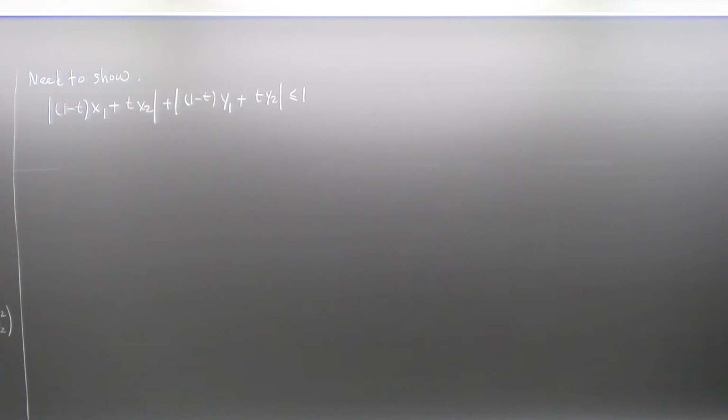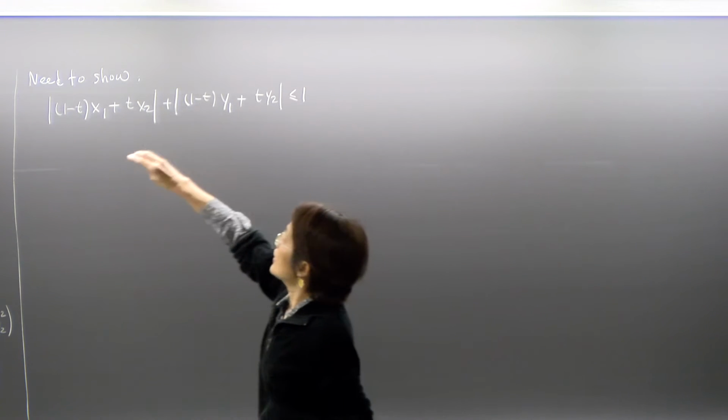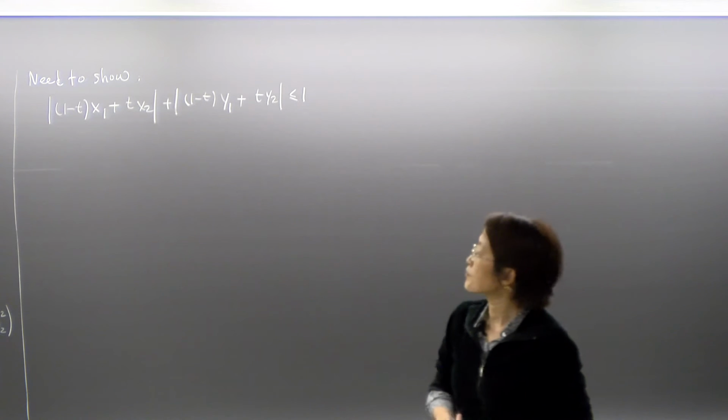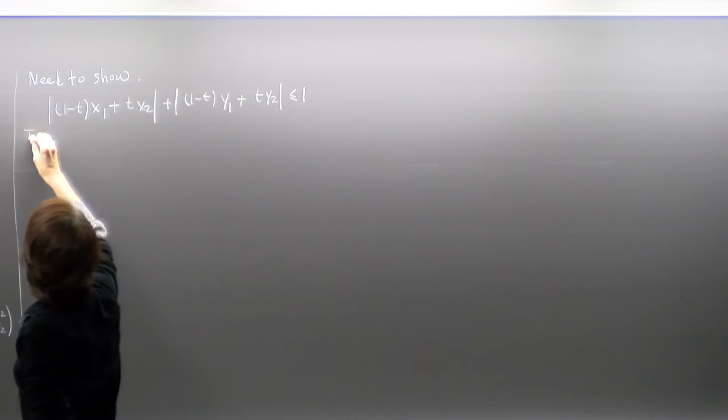Is it clear? That's what I mean by proving it per definition. Strictly stick to what the definition requires you to do. We need to show the left-hand side is less than the right-hand side.